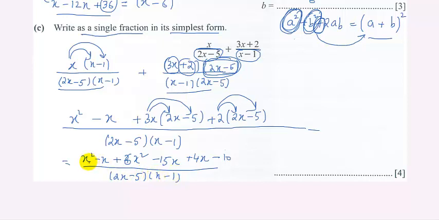Now I will do simplification at the top. It is 6x square and 1x square, it is 7x square, and minus 15 and 4 is minus 11, and minus 1, minus 12x, and minus 10. And we have the same denominator.